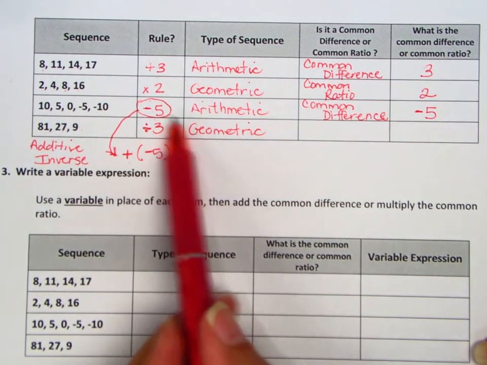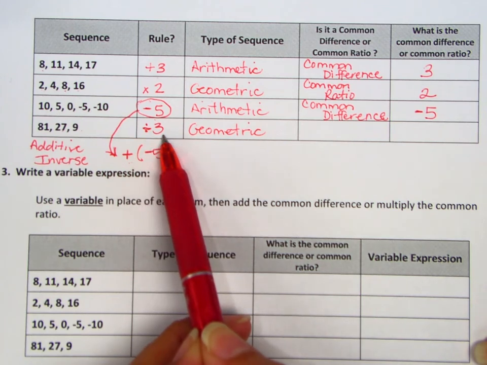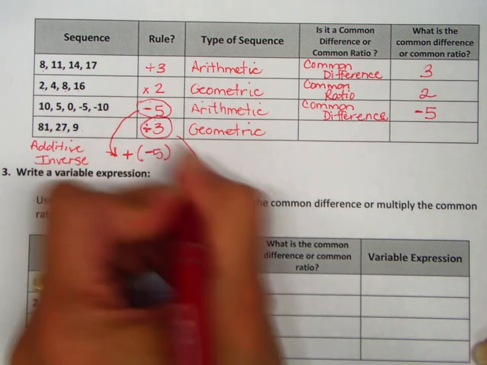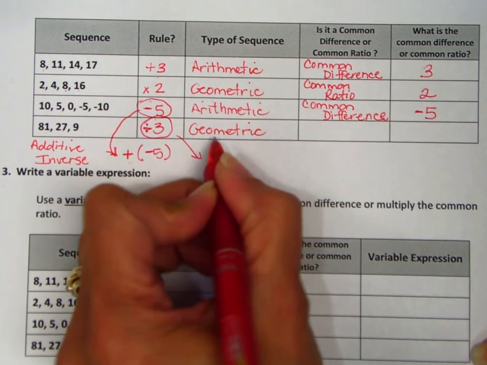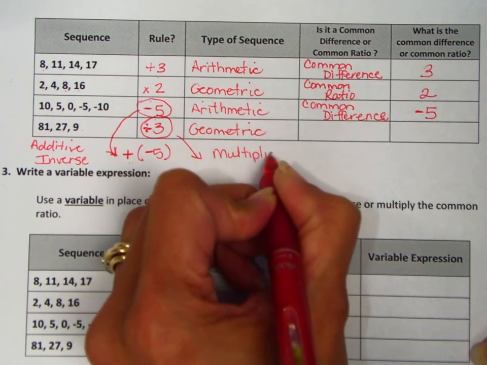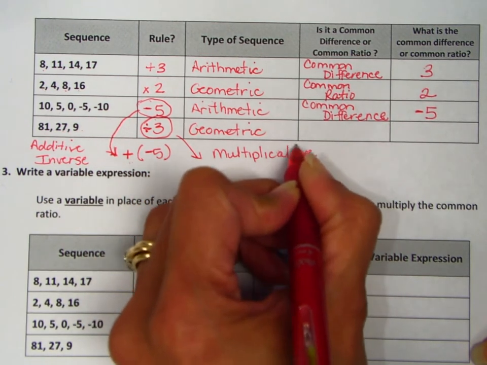But just like this last problem, when we use geometric sequence, we don't divide. We actually have to multiply. So dividing by 3, remember when we did fractions and we did reciprocals, dividing by 3 is the same, and this is called the multiplicative inverse.